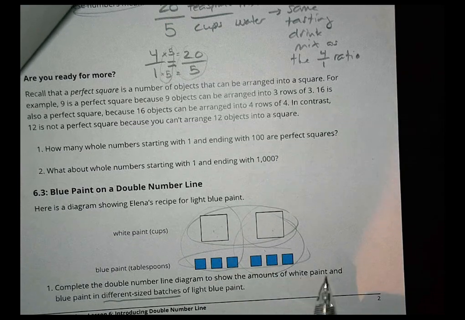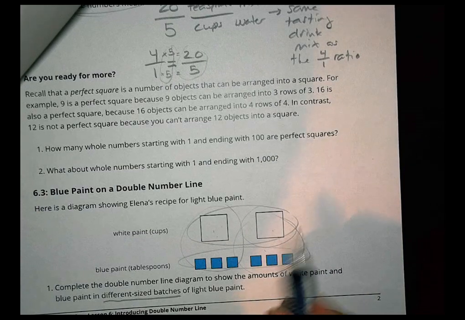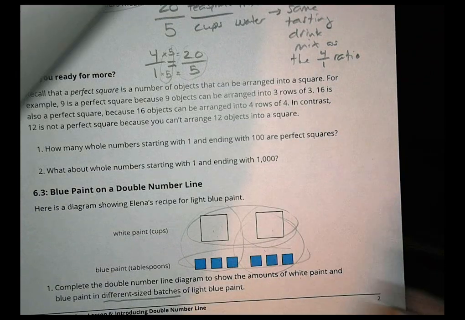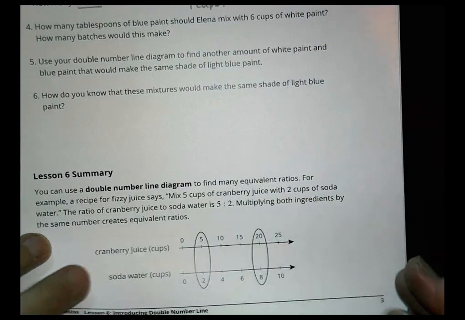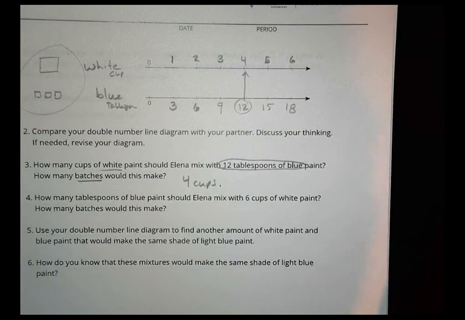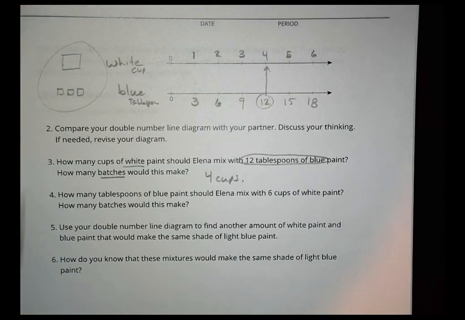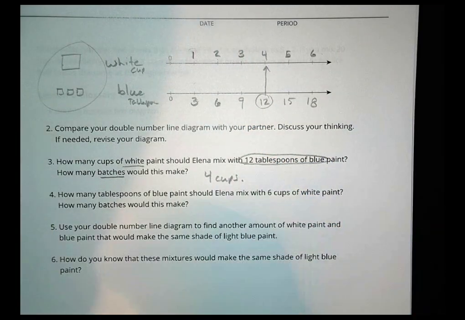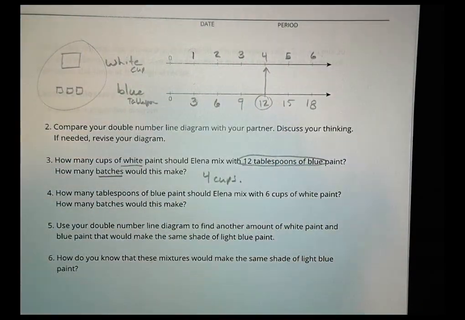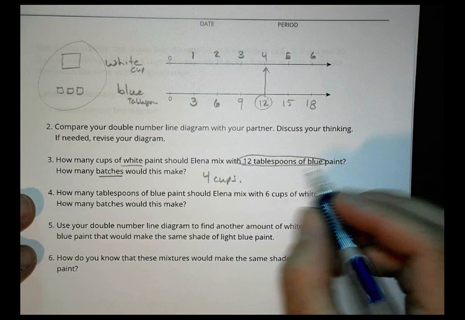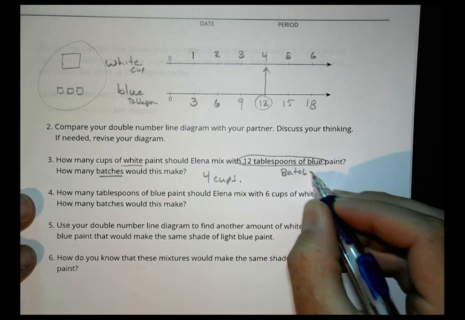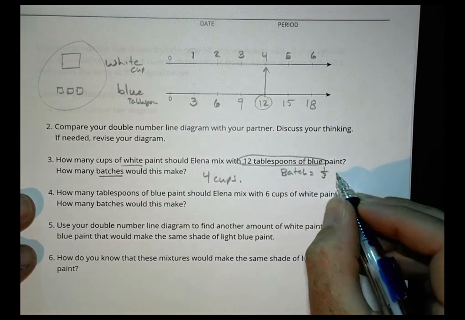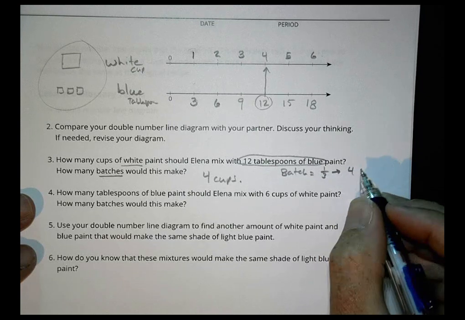Okay, the question would be really, when I look at it, what I would say initially is it should make, we would probably say 4 batches. If a batch is 1 to 3, right, and that's what you have to really decide. I'm not sure what your teacher might say today, because if a batch is 1 to 3, then the answer is it makes 4 batches.